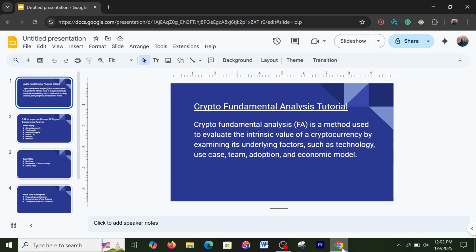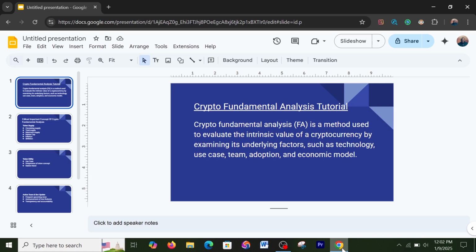But I didn't think of it as something you should keep for the long term, because I didn't do fundamental analysis. So fundamental analysis helps you to know the token to keep for the long term by analyzing the technology, what it's used for, the kind of team behind it, the adoption model, the community behind it, and the economic model. So you can find all of that out.